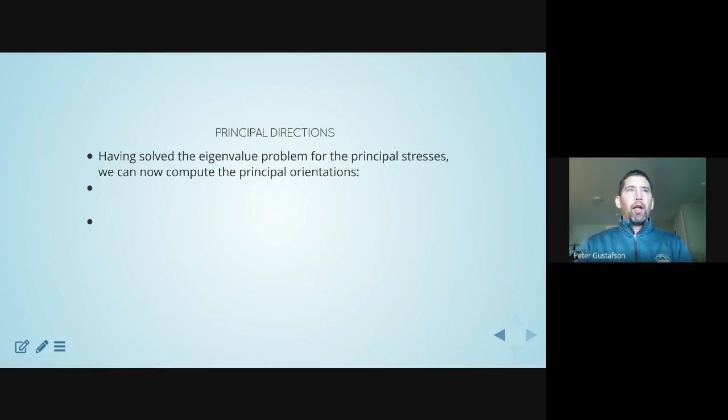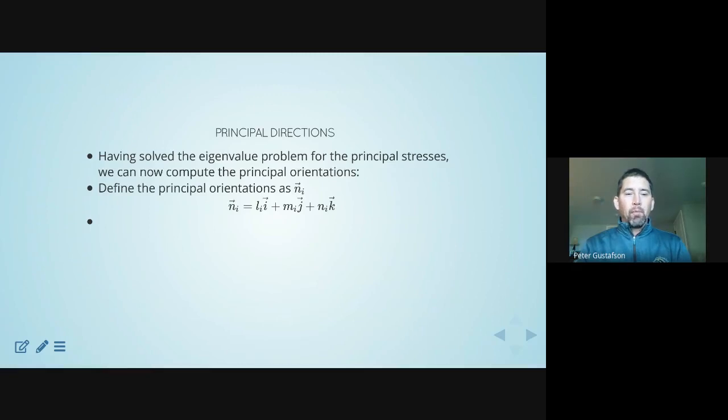Okay. Also, because each of these 3 principal stresses have different magnitudes conceivably, they could each have different principal stress directions. And in fact, in most cases, they do. It's actually rather unusual that you would have that not be the case. We'll cover those corner cases in a few minutes. But for the time being, we just recognize that because we have 3 principal stresses, we have 3 principal directions.